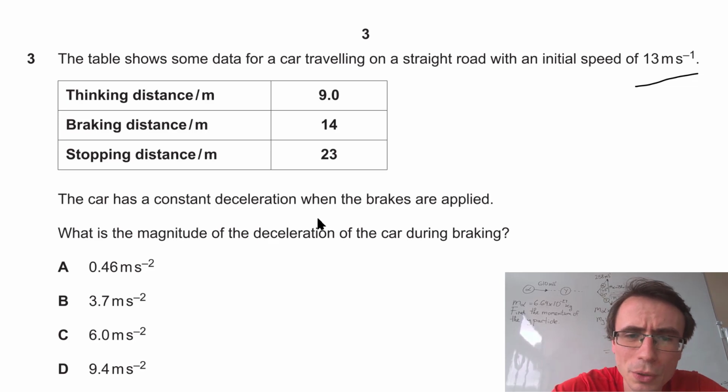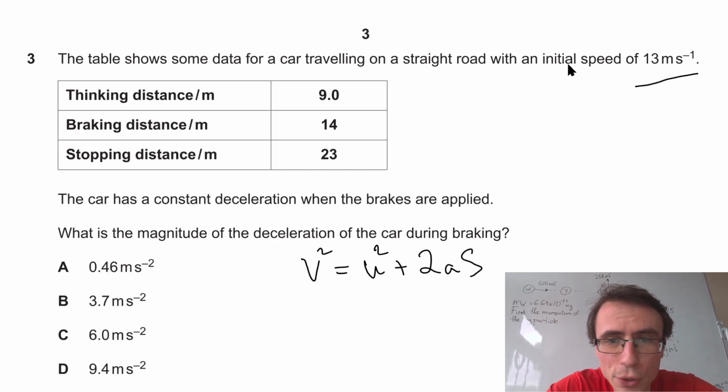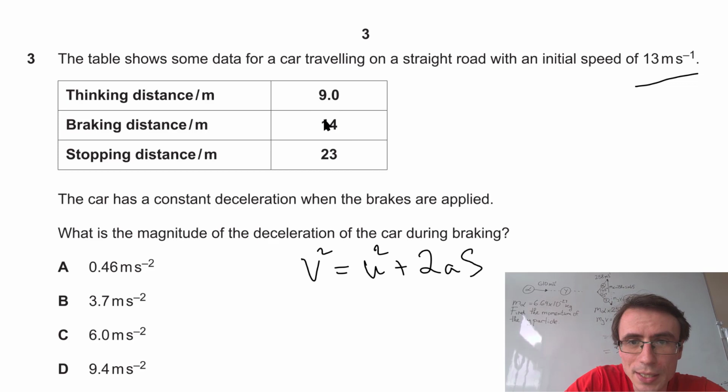Okay, so what we're going to do is approach this problem using v squared is equal to u squared plus 2as. So we know that our braking distance is equal to 14. So this here will be 14. We need to figure out our acceleration. The initial speed, oh yeah, we do have the initial speed, which is 13, perfect.